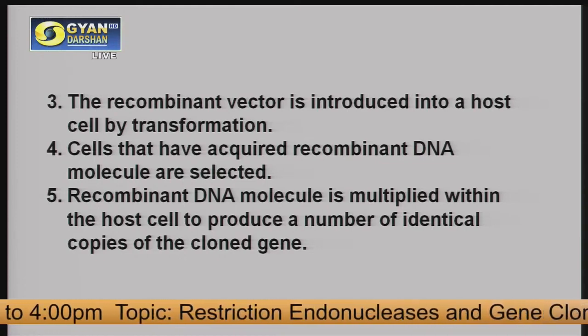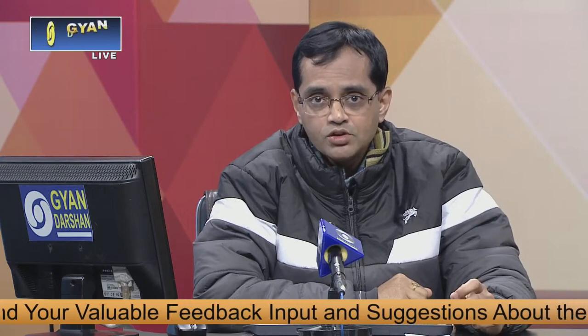So each of these steps I will be elaborating, but before going into the detailed steps, we should first try to understand what are the components that are required for carrying out a gene cloning process. So you need to cut the vector. Because you want to introduce a foreign gene into a circular plasmid or a circular vector molecule, you need to cut the vector molecule or the plasmid molecule, and for that you need some enzymes.